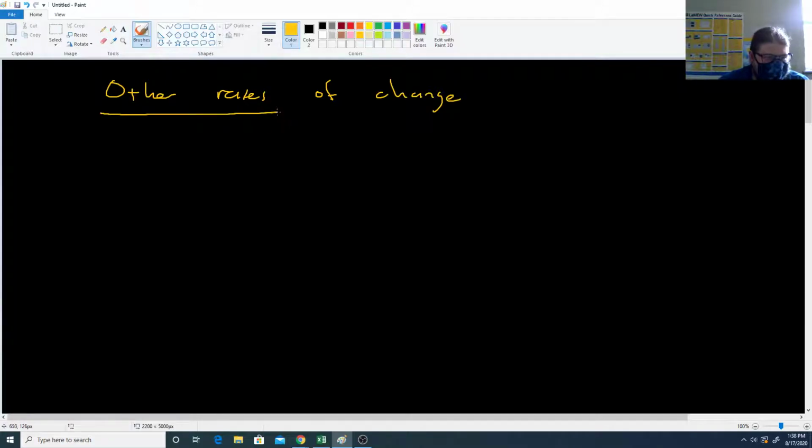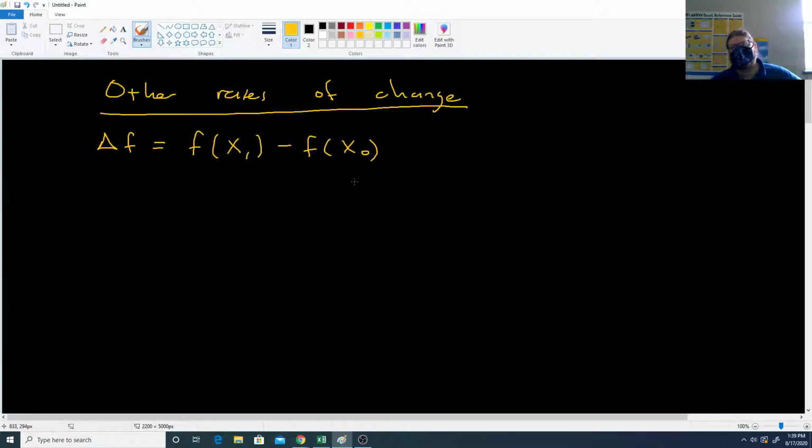So these other rates of change will give us a couple of quick things. Instead of using a position function, we're now just going to talk about a general function, delta f. So delta f will equal f of x1 and x0, because you don't even necessarily need to be talking about time.